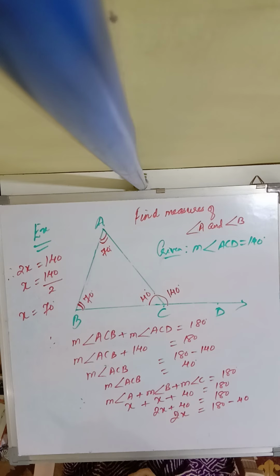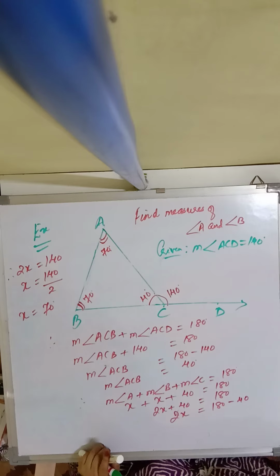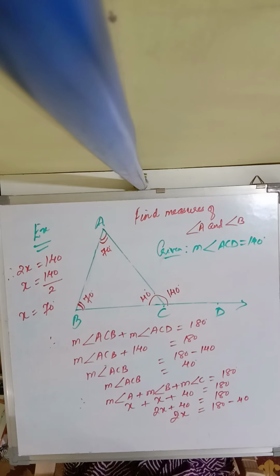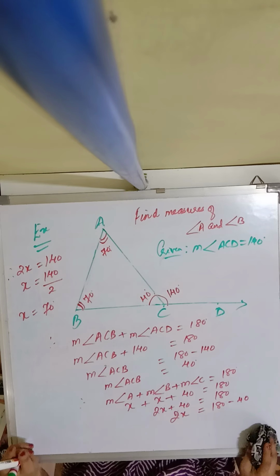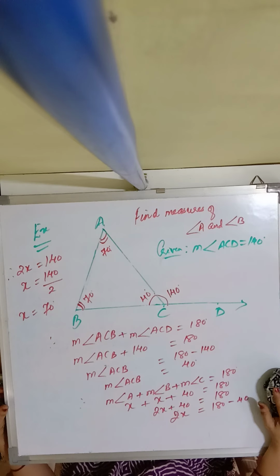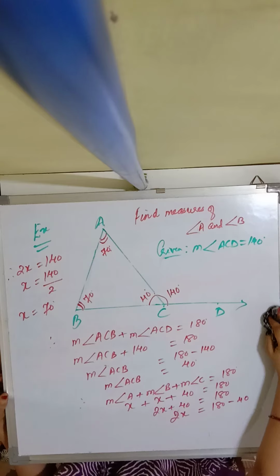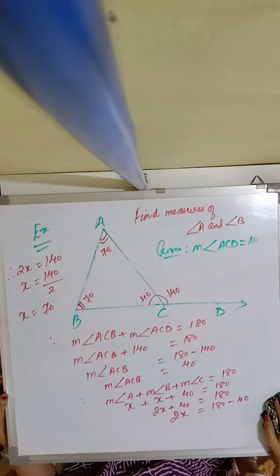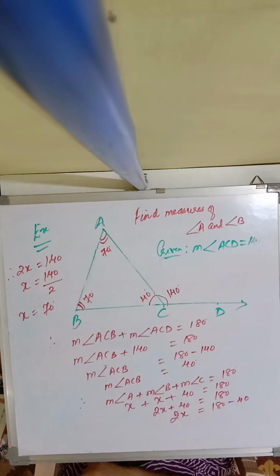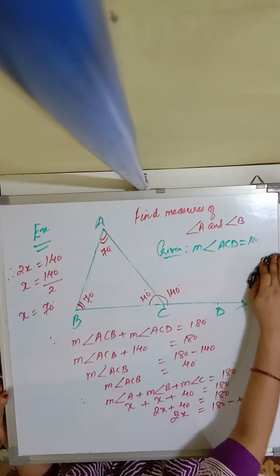Okay children, now with this we have completed all the important topics from the lesson angles and pairs of angles. Now we will move to our next lesson of standard 8, that is lesson number 2, parallel lines and transversal. So children, take a new page in your maths classwork book, open your maths textbook, page number 7. This is your next new lesson from 8th standard.